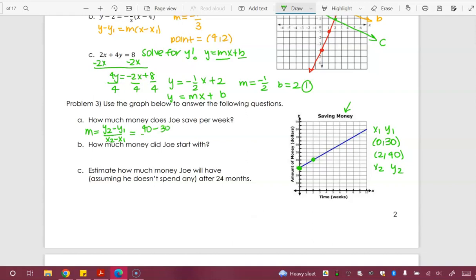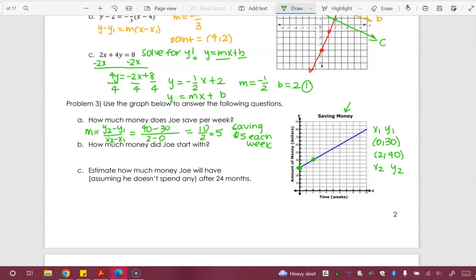And guys, I could have picked any points on the line. We just want to stick with whole numbers. x2 minus x1. And I'm going to get 10 over 2. So my slope is 5. So he's saving $5 each week. That's the rate of change. That's the slope.